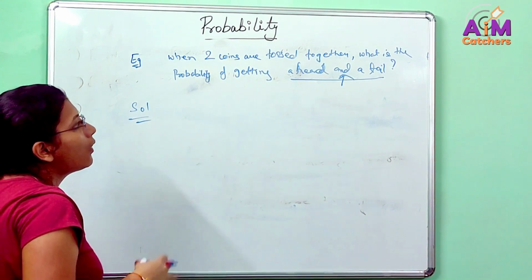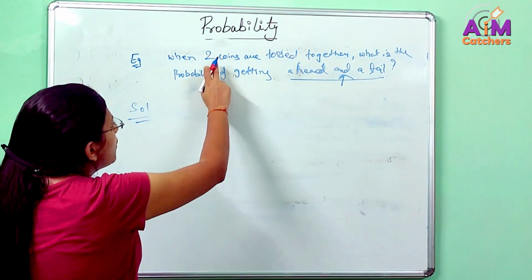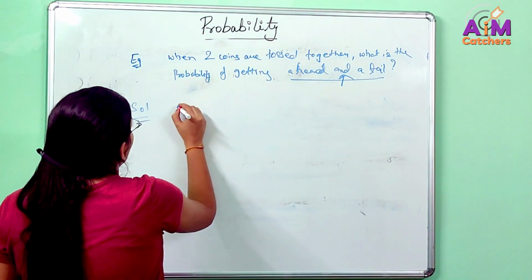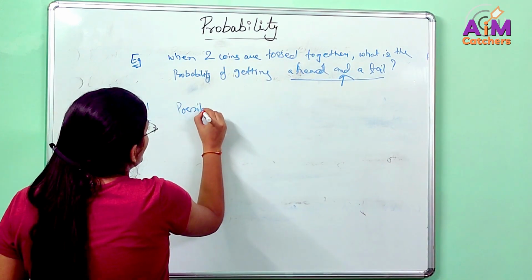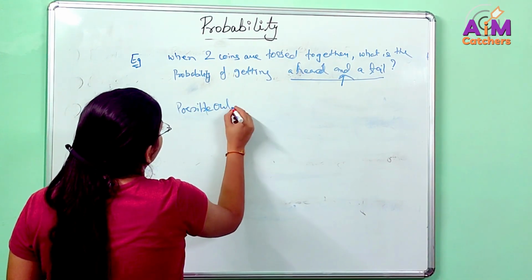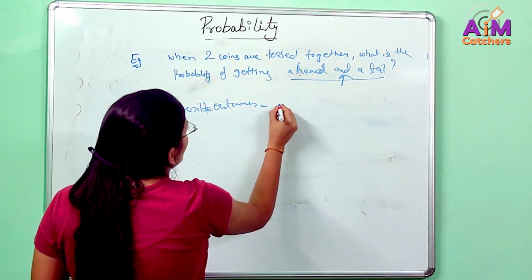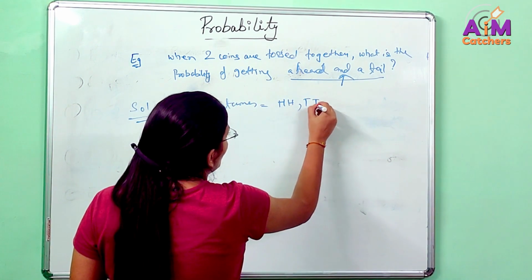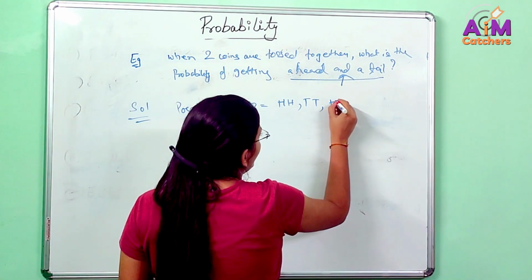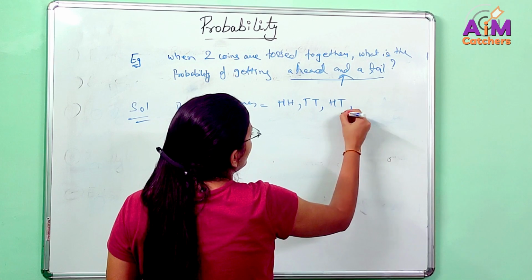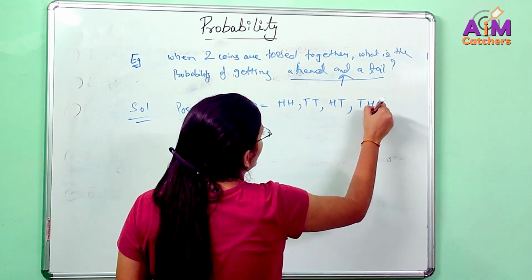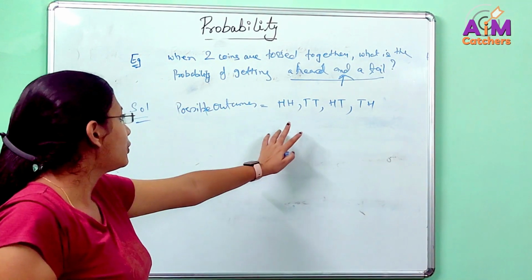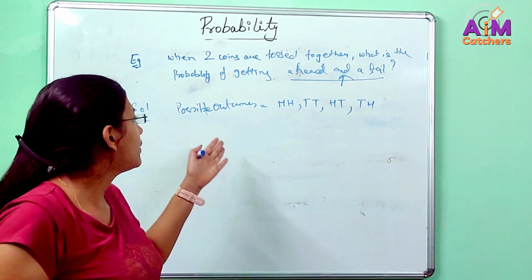First we will see what are all the possible outcomes. When 2 coins are tossed, what are the possible outcomes? Possible outcomes are head in both the coins, tail in both the coins, head in the first and tail in the second, or tail in the first and head in the second. There are no other possible outcomes when 2 coins are tossed.